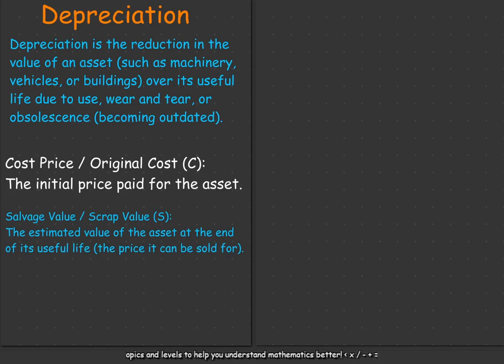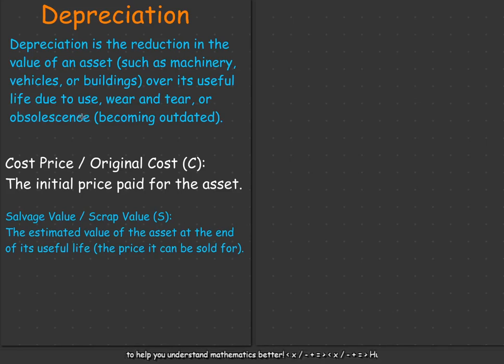After you have really used it, after it has gone through its prime, what is its value? You get it? So after all of its useful years, where it was helpful to you before, it started breaking down and all that. Now that it is breaking down, it has become a scrap. What is the value you are estimating it to be? That is what we call the salvage value or the scrap value.